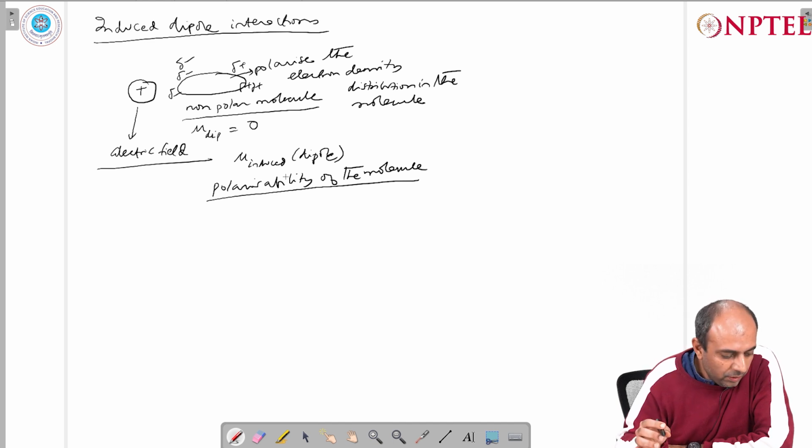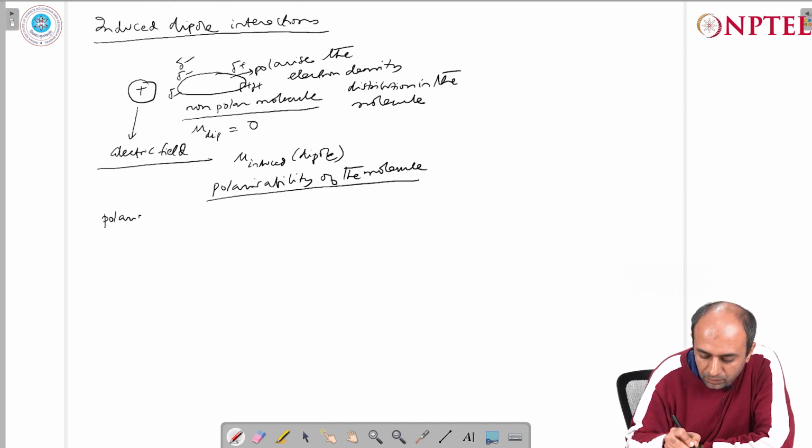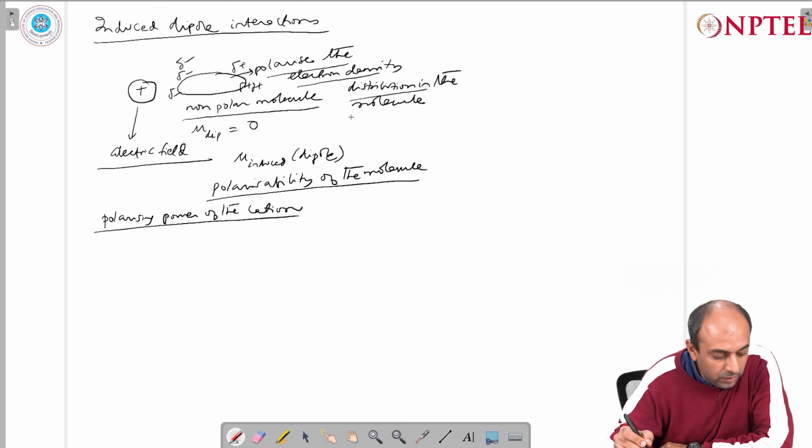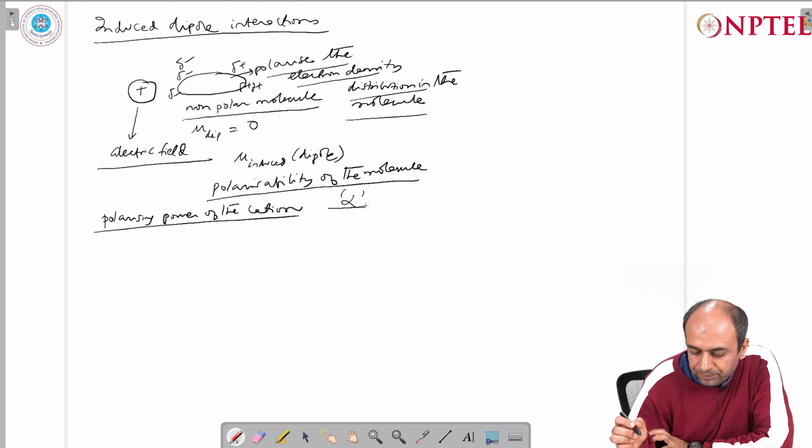It will depend upon the polarizing power of the cation, and it will depend upon the polarizability of the molecule. That means how facile it is to polarize the electron density distribution in the molecule, and that depends upon the quantity which we specify by alpha.